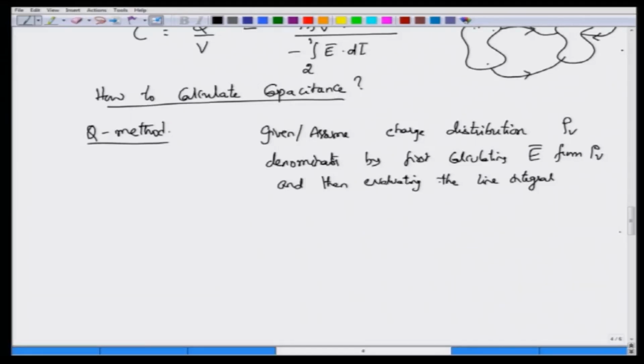And as I said, you can calculate capacitance, capacitance per unit length, or capacitance per unit square.